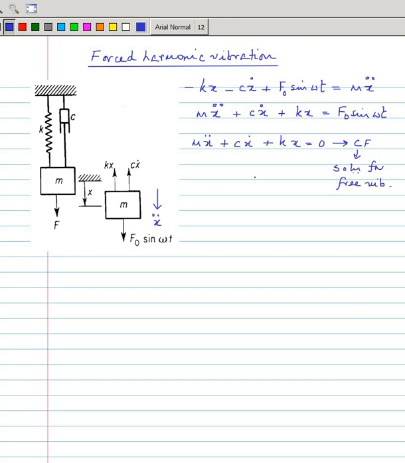But free vibration slowly decays down with time, so it is very much important to find out the particular integral. So actually this particular integral is what we are trying to find out.